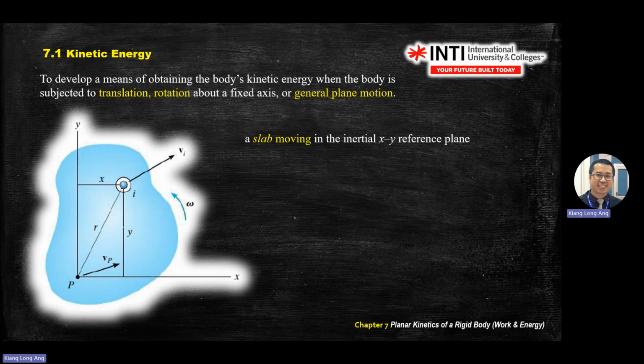Then you measure from the IC to there. What is the R? V is equal to omega R. So if you want to find omega, put R to the left-hand side: V divided by R, you get your omega.